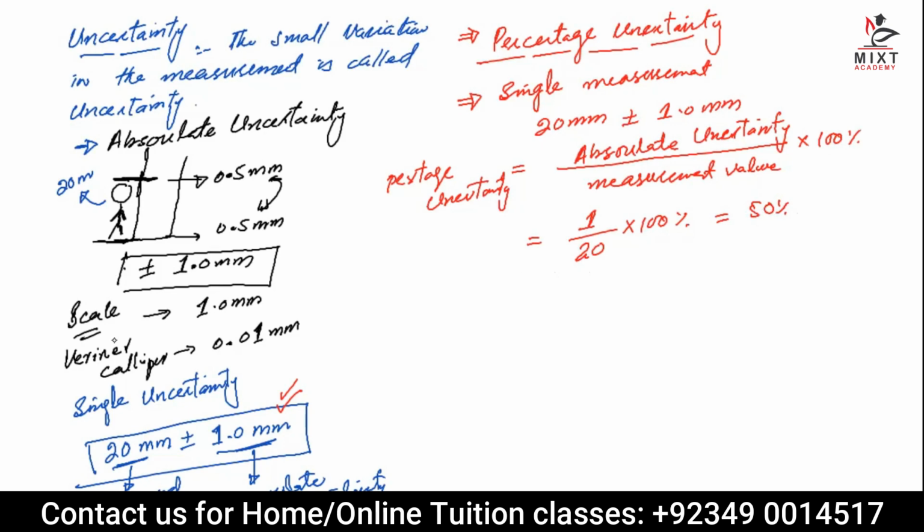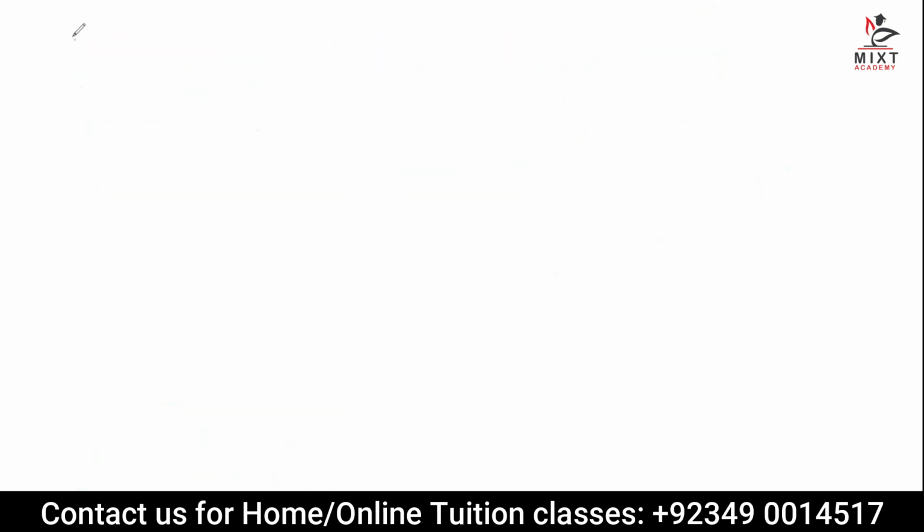Now let's take the uncertainty of average values. How to find the uncertainty of the average values. For example, I have a circle and I want to find out the diameter of that circle by using a vernier caliper.